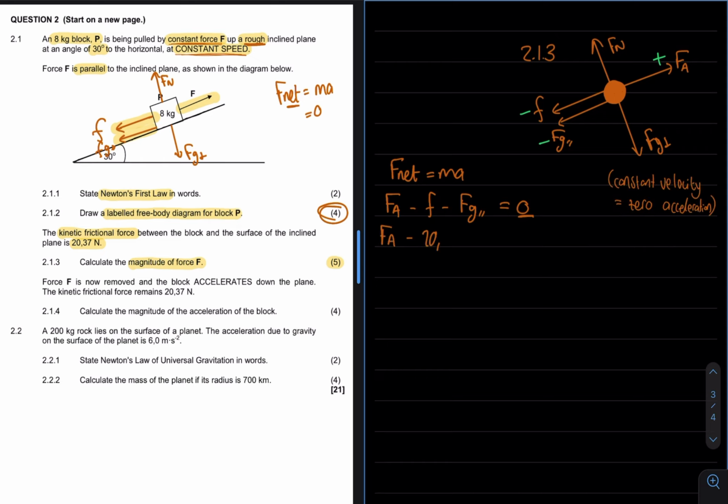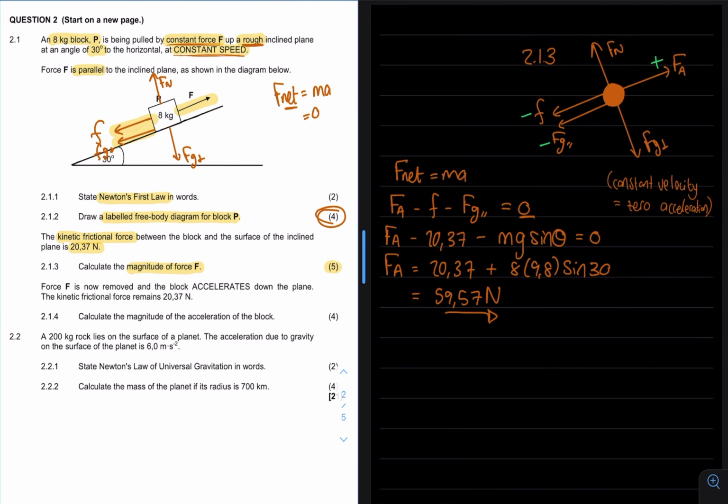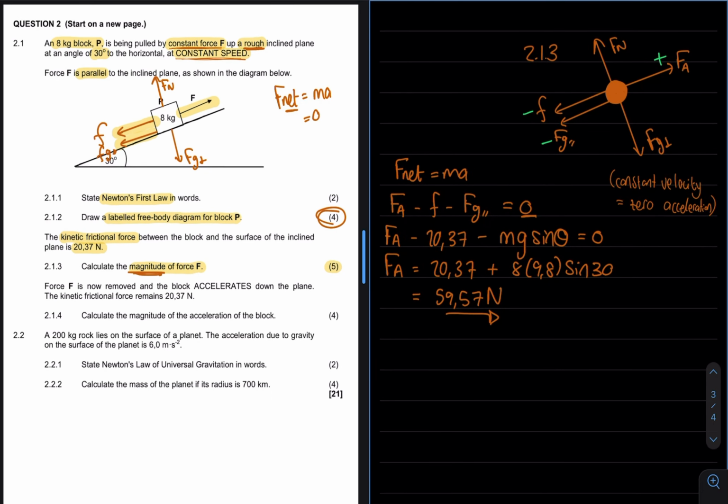The frictional force was given as 20.37 Newton, and Fg parallel we can write as mg sine theta, which gives the total for the applied force as 59.57 Newton. Seeing as they ask for the magnitude of this force, there is no need to indicate a direction, but you could have said up the slope.